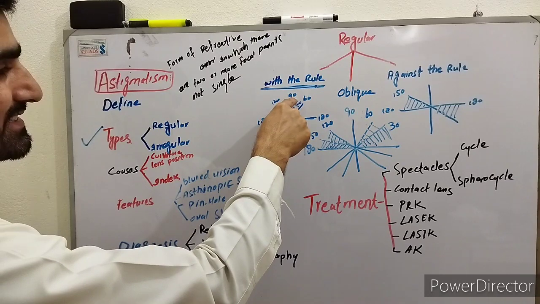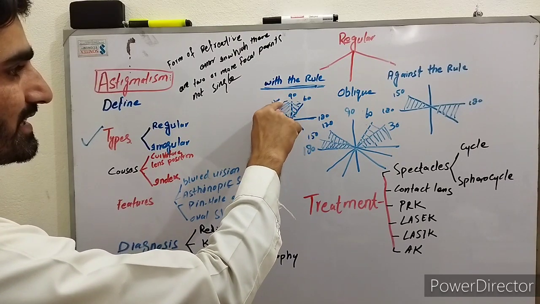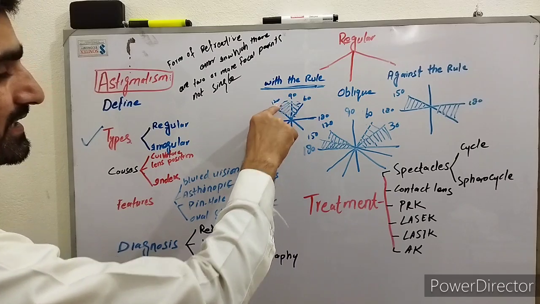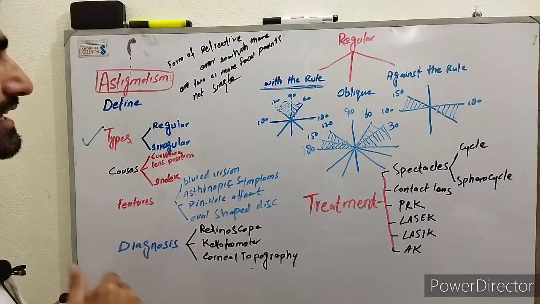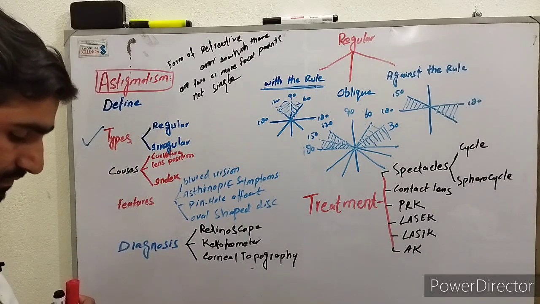You can say here it came from 90 degrees to 60, here it came from 90 degrees to 120. You can simply say if there is a problem in the vertical meridian, this is with the rule astigmatism.